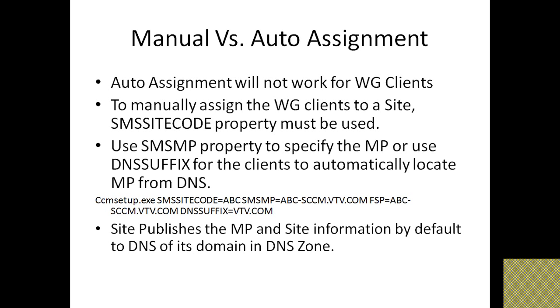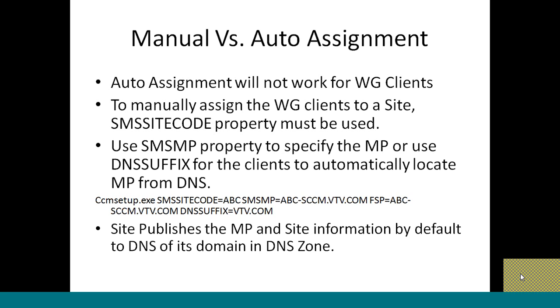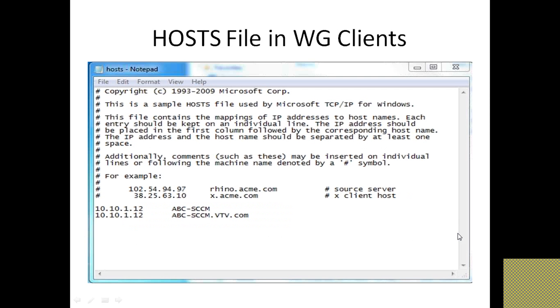The site publishes the MP and site information by default to the DNS of its domain in the DNS zone. Coming to the next slide, host files in the workgroup clients can be configured with the IP address and the site system host name as default DNS entries.